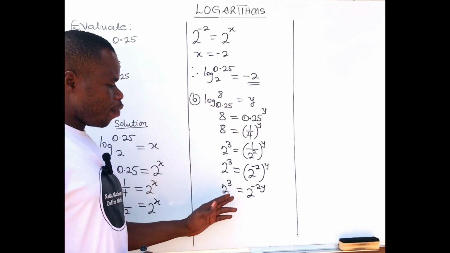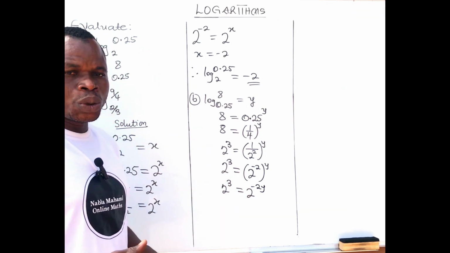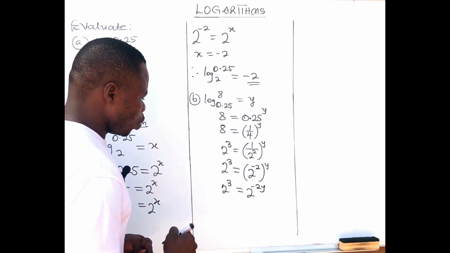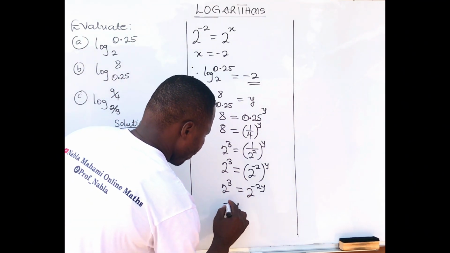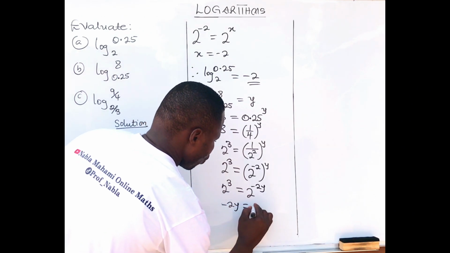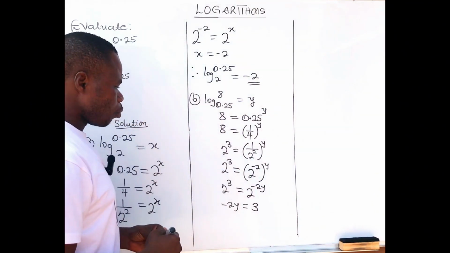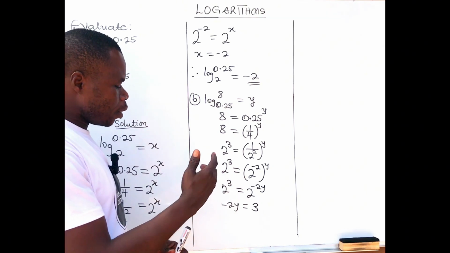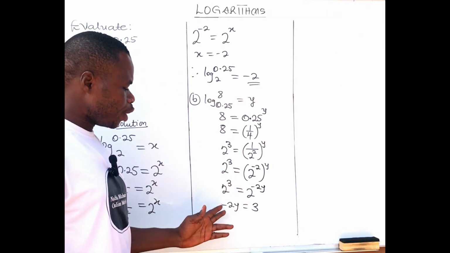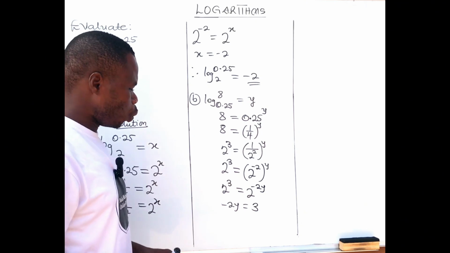From indices, if the bases are the same, it means that the exponents are also the same. So I will say minus 2y is equal to 3. I will now solve for y by dividing both sides by the coefficient of y here, which is negative 2.